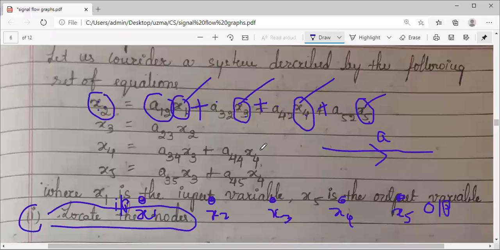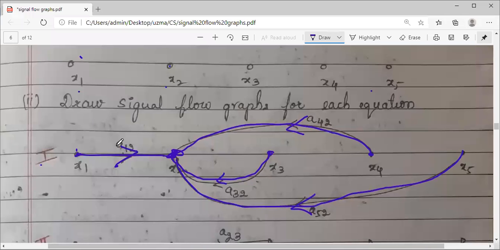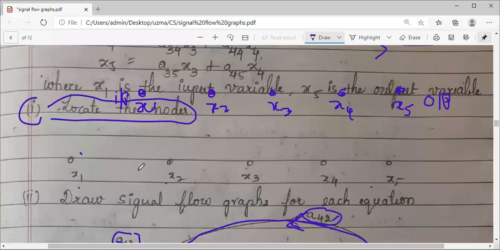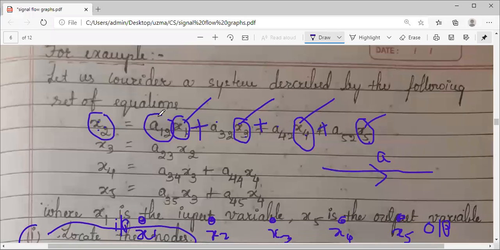And for each of these arrow marks, just above those arrow marks, write down these gain values, A12, A42, A32 and A52. These are the gain values given here, A12, A32, A42 and A52. So we have drawn the signal flow graph for the first equation.